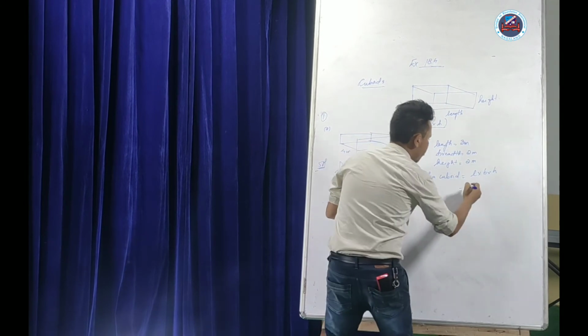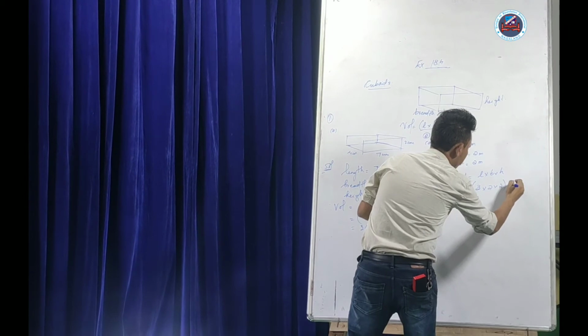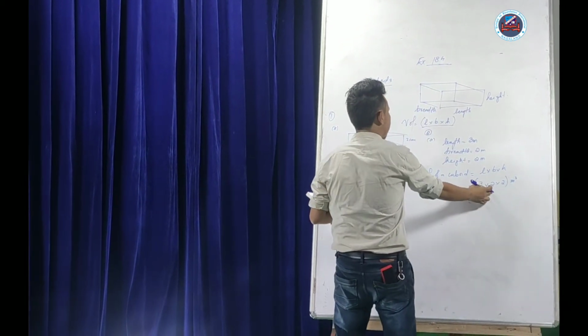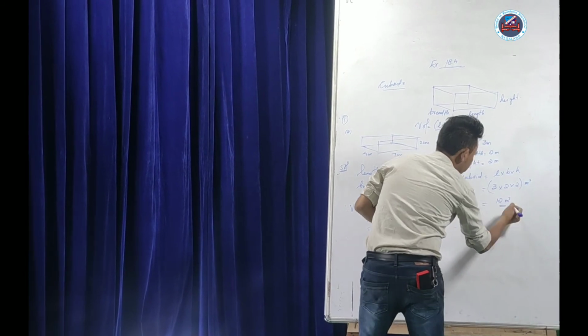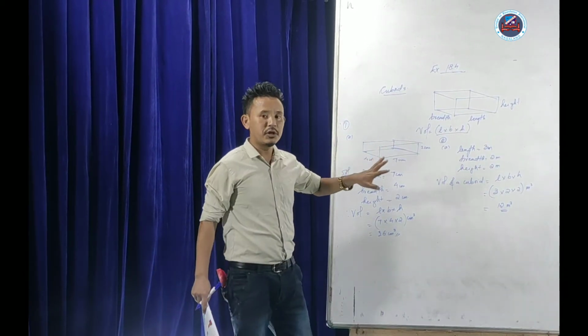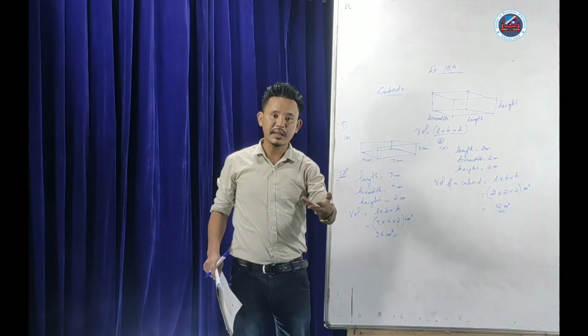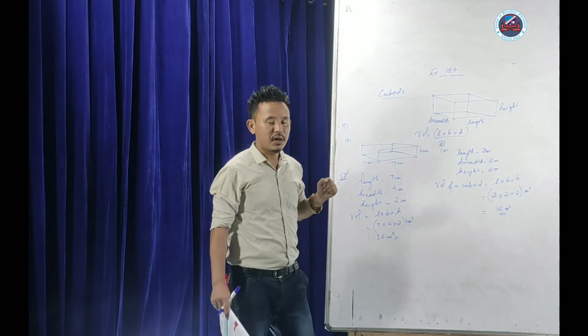That is, length 3 into 2 into 2 meter cube. 3 into 2 gives us 6. 6 into 2 gives us 12 meter cube. Alright? Now this is how you find out the volume of a cuboid. In the next exercise, we will be discussing how to find out the surface area of a cuboid.